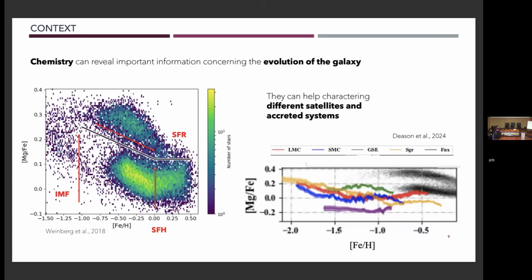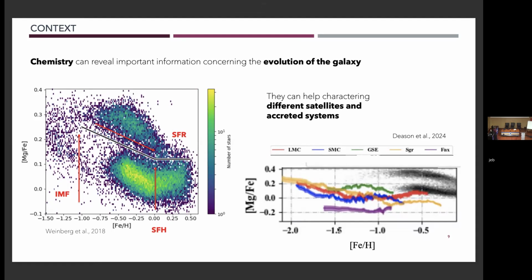Chemistry can reveal information about time or stellar age, but we can also use it to characterize a galaxy. Here is one plot that I'm sure most of you know. It's the alpha elements, here magnesium over iron.